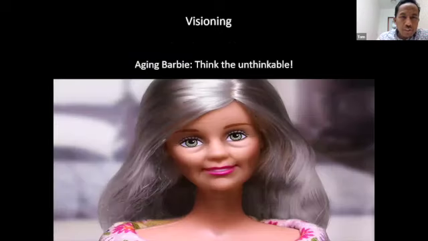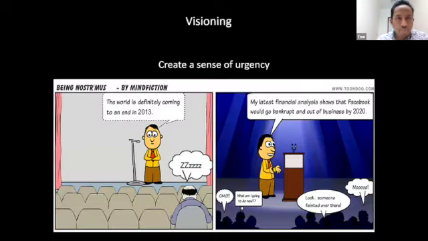When it comes to visioning, it's also about thinking in a radically different way, because you target transformative change, and it's always challenging to think the unthinkable, because there are actually no limits. Like this picture says, like an aging Barbie, which is another way of thinking about things.